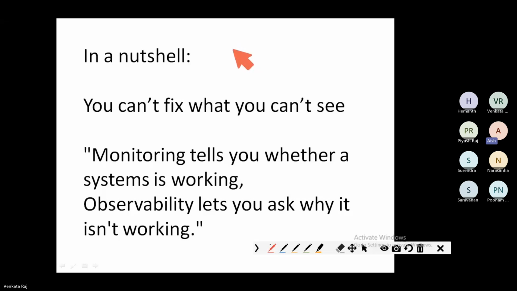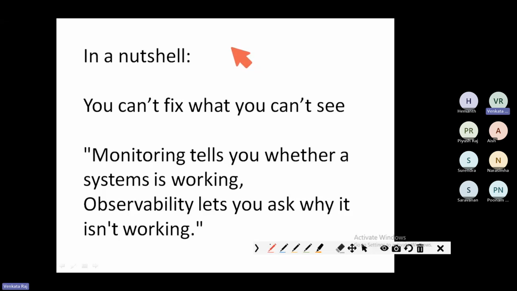Majority of the projects, still today, do not have proper monitoring tools, proper observability tools. That is where our role becomes very, very important. We have to educate the customer why an observability tool is very necessary.